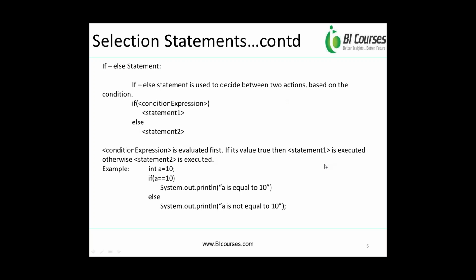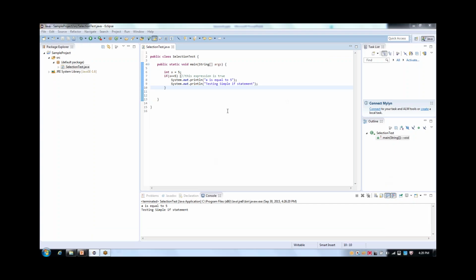We'll create a simple class again and see how it executes. We'll use the same class. Here, if a double equals 5, we have some statements.